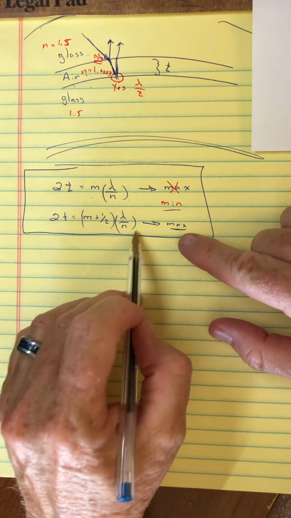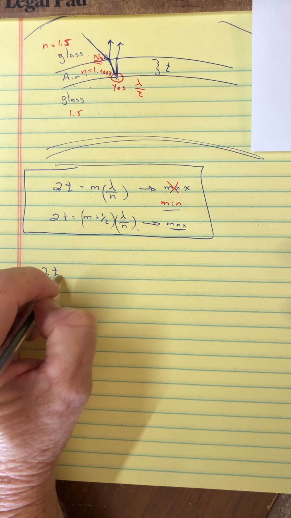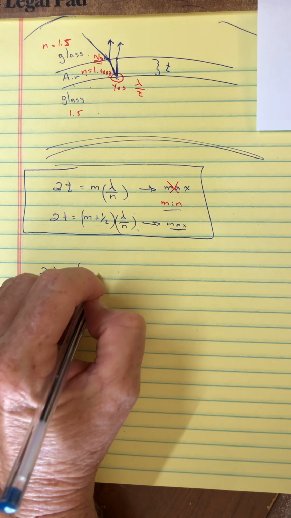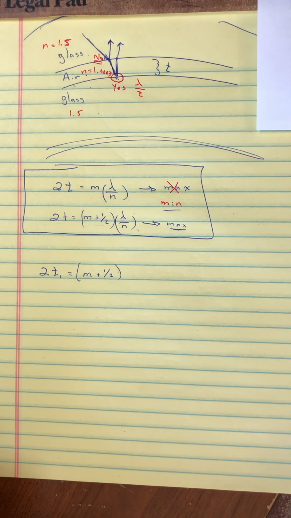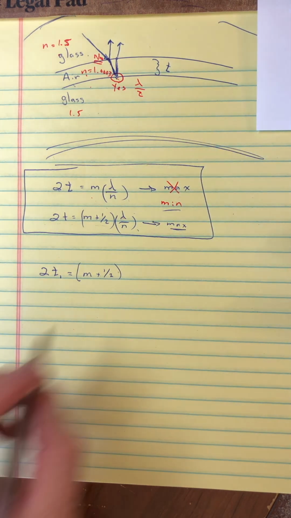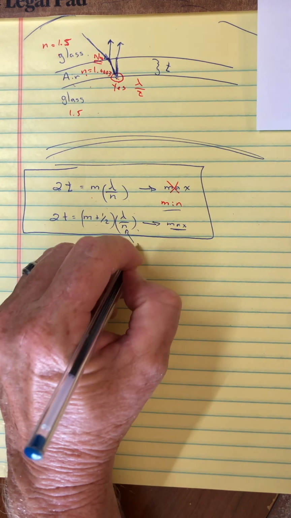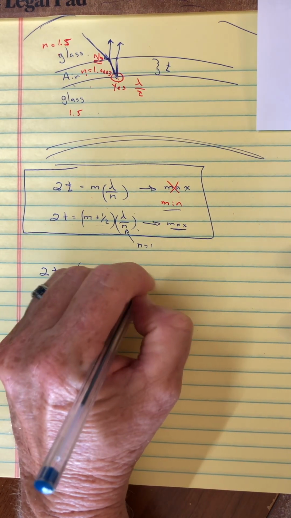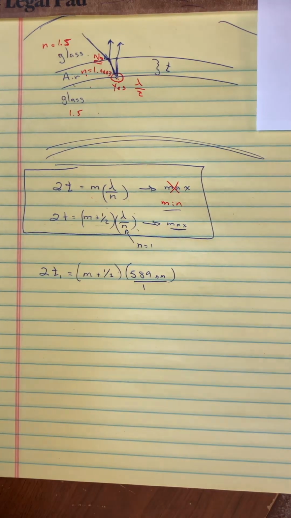If I were to apply this equation, I would say 2T1 equals some integer, not real sure what that integer is, plus a half, times the wavelength in that gap. And in that gap, n equals 1. So this would be the wavelength, 589 nanometers, and for completeness, I'll divide by 1.